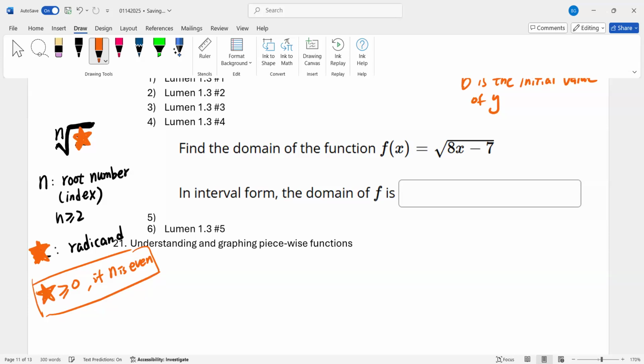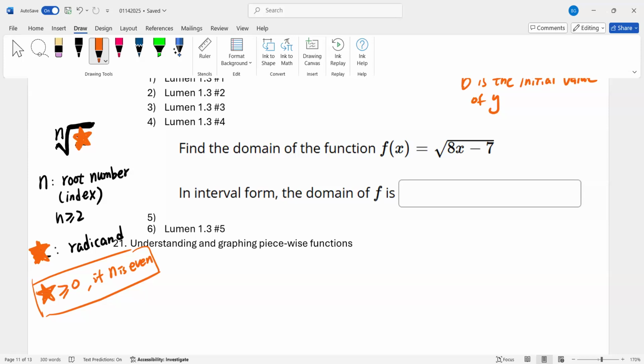For a radical expression or function, the radicand has to be bigger than or equal to 0 if the root number is an even number. If the root number is 2 or 4 or 6 or 8 and so on, then the radicand cannot be negative. It has to be bigger than or equal to 0.